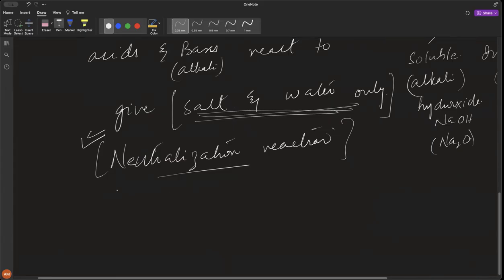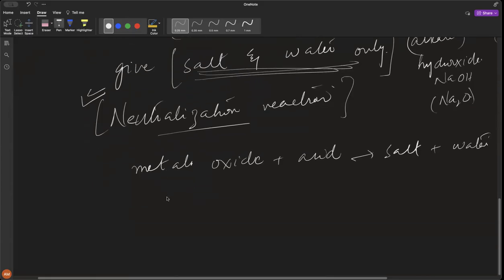Some examples: metal oxides, when we talk about metal oxides, zinc oxide. Metal oxide plus acid is going to give you a salt plus water. Salt and water.